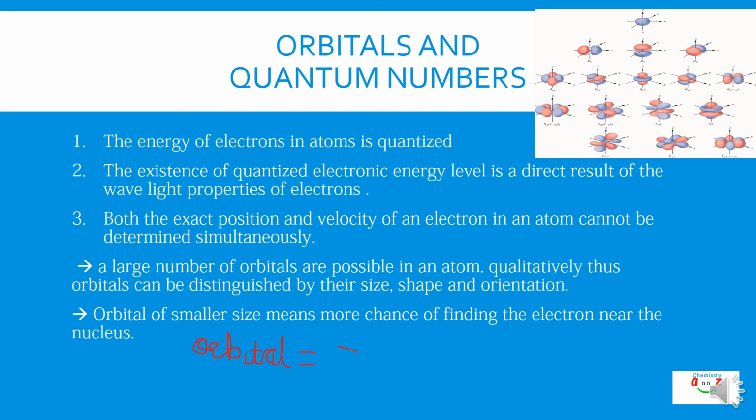But if you want to get an idea about the electron, where exactly the electron is located, then the fourth quantum number is required, and that is the spin quantum number.